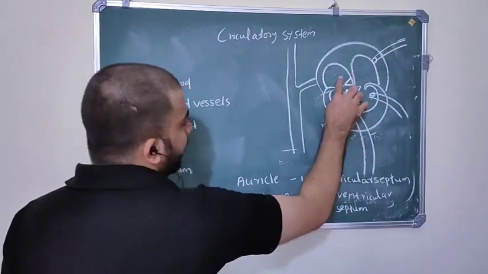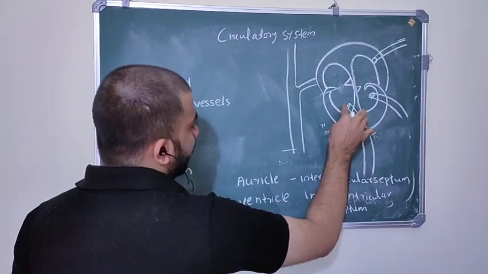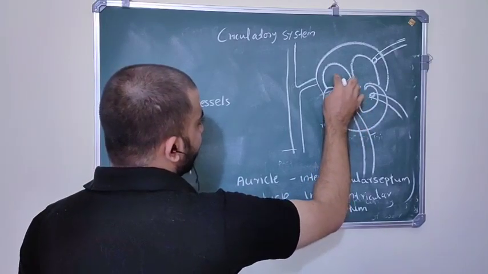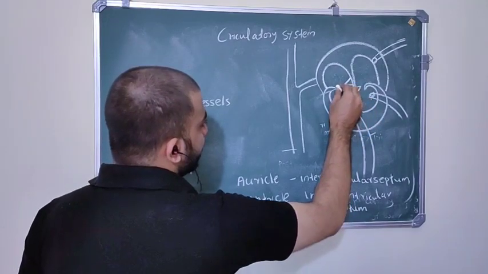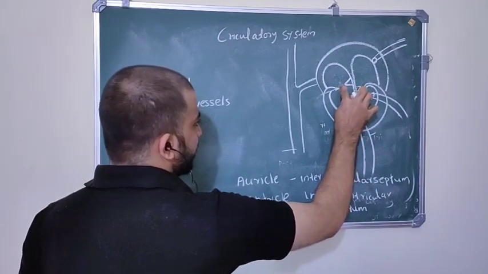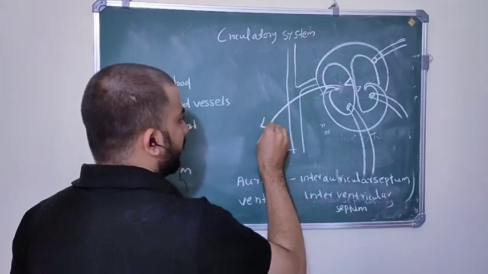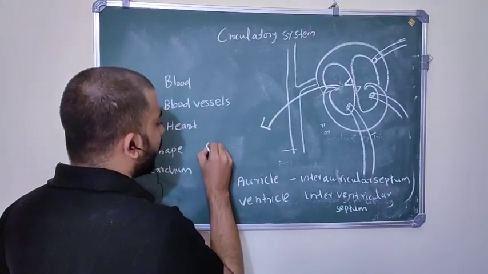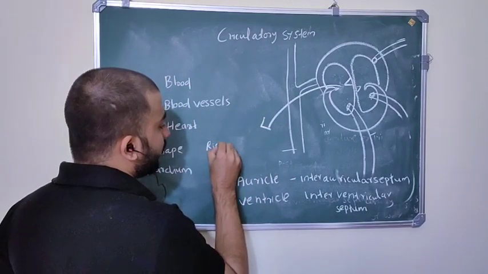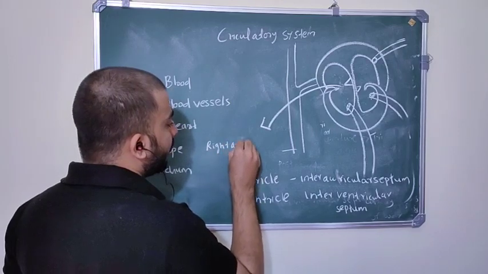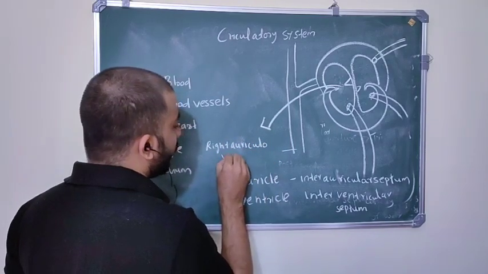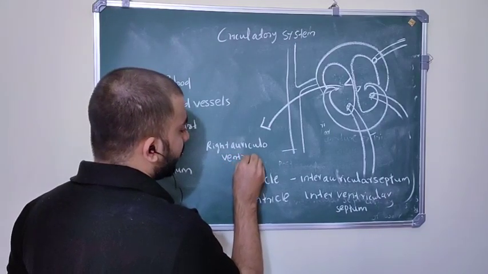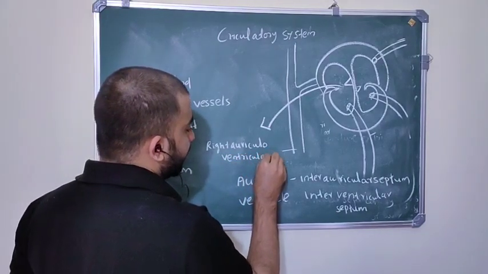In between the right auricle and the right ventricle, there is an aperture. This aperture is called the right auriculoventricular aperture. What is the right auriculoventricular aperture?